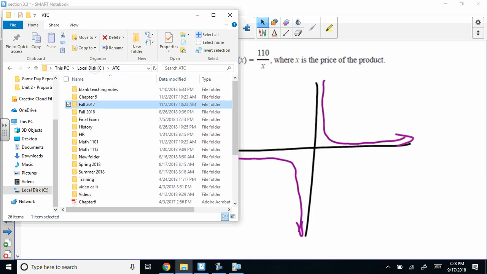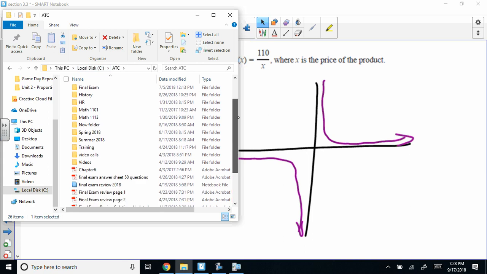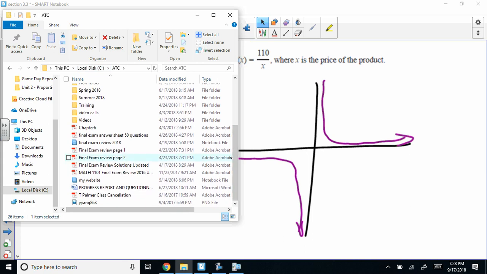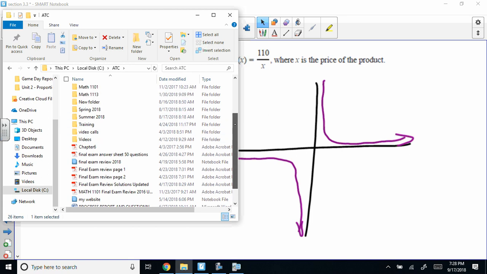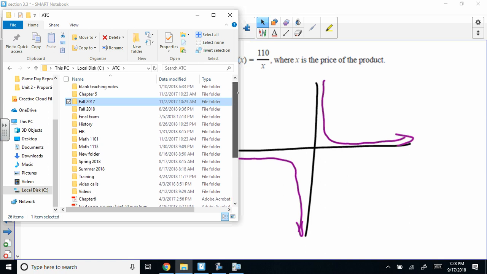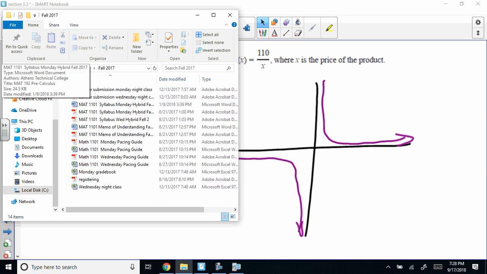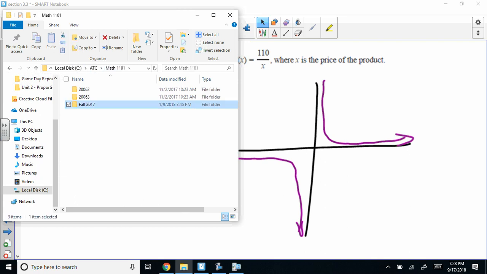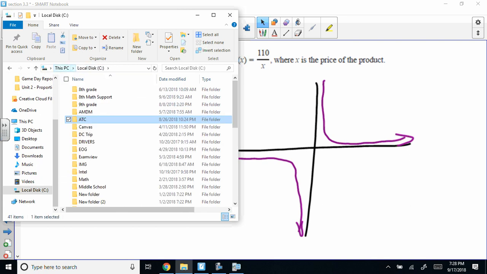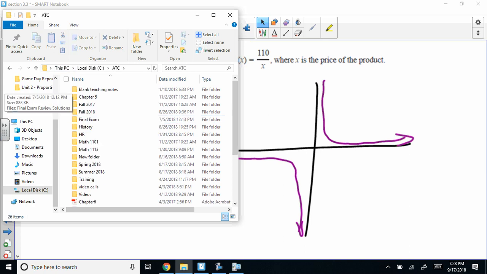Not there. I don't have it. I thought I had it real handy. I was going to show you the 6 basic functions. I have to look for it. I think it's 113 either.